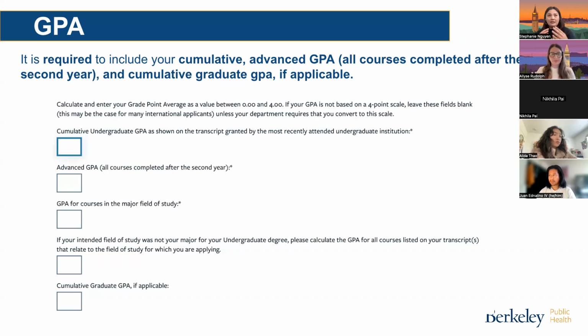It's from start to finish, whether you are someone that has completed community college and have moved on to a traditional 4-year or just the 4-year, it's going to calculate everything. And the advanced GPA, as Elise mentioned a little bit earlier, is coursework taken after the first or after the second year of your undergraduate career.